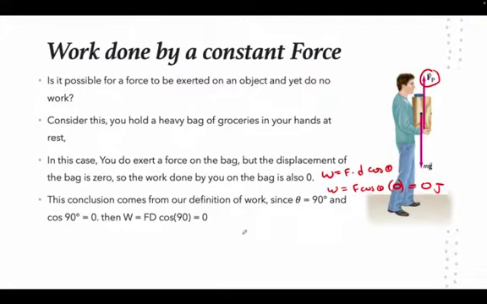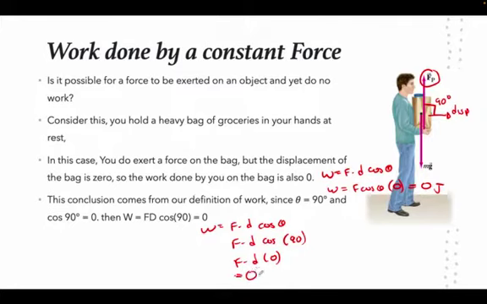Another way of saying this is that if this person was to move, this person would move in this direction. So the angle between the force and the displacement is 90 degrees, which means that we would have work is equal to Fd cosine theta, Fd cosine of 90 degrees, and cosine of 90 degrees is equal to 0, so work is equal to 0 joules.